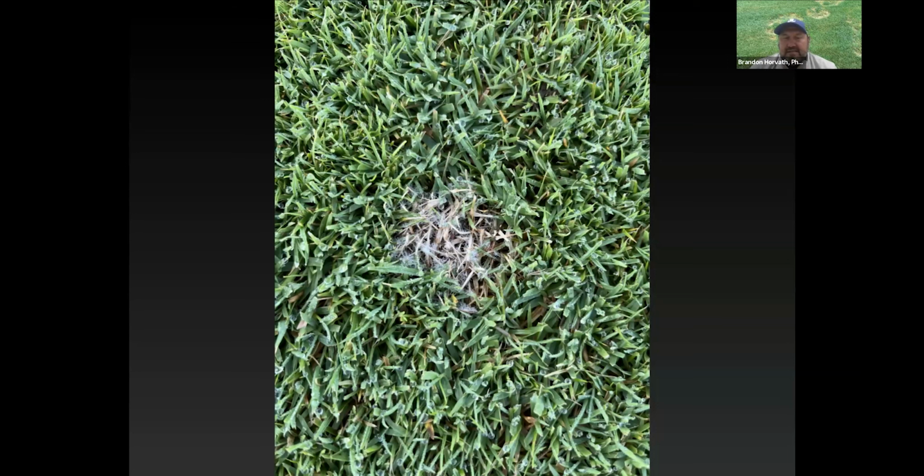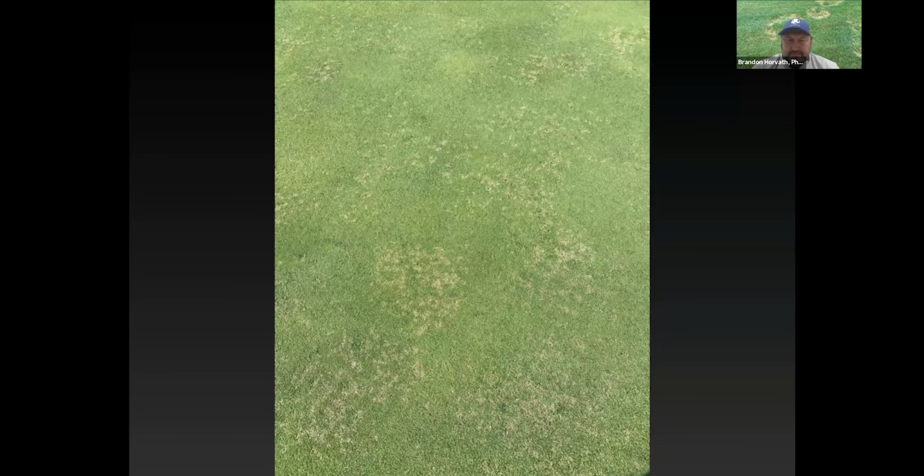But again, in this image, you can see behind that fuzzy white growth coming out of the tissue, you can see brown desiccating tissue that's clearly showing that it's being affected by whatever it is that is growing out of the turf right here.